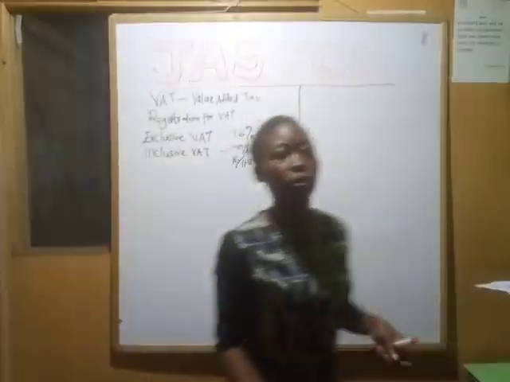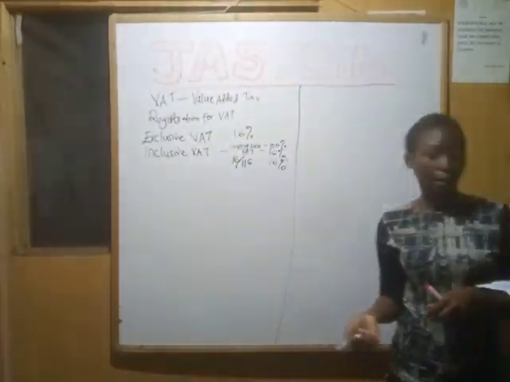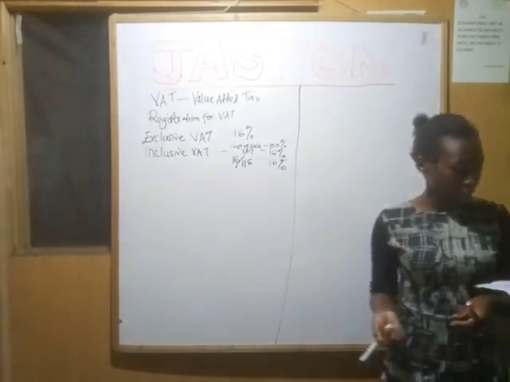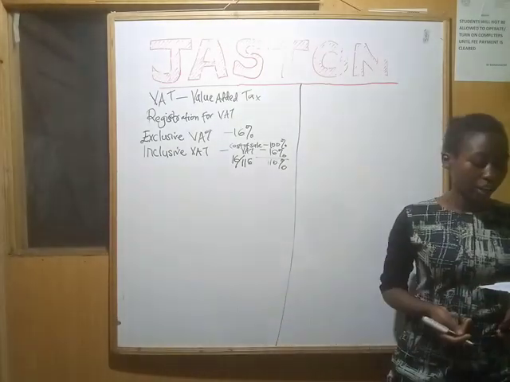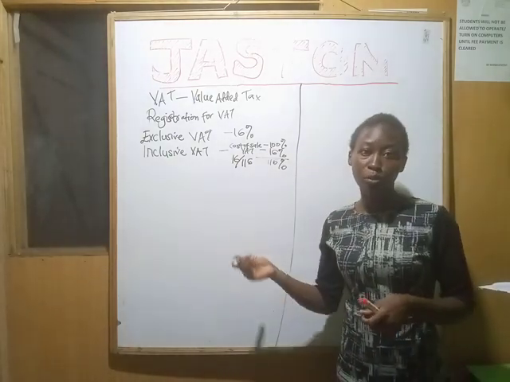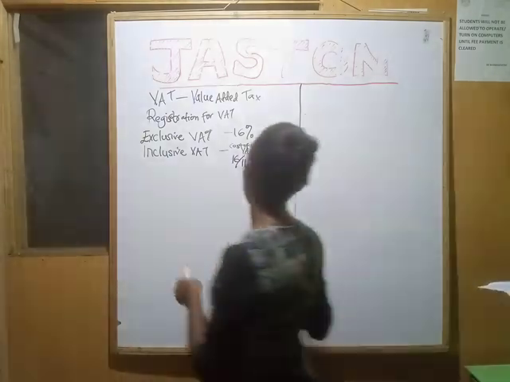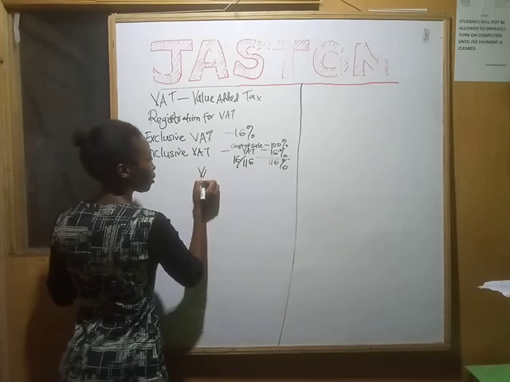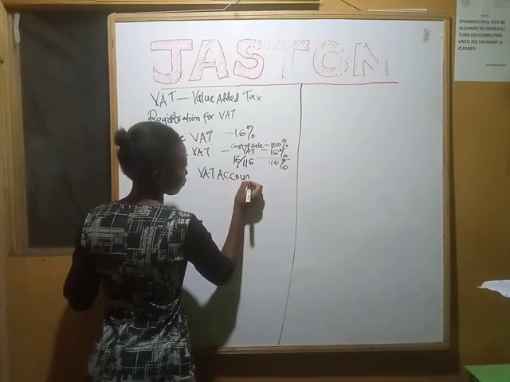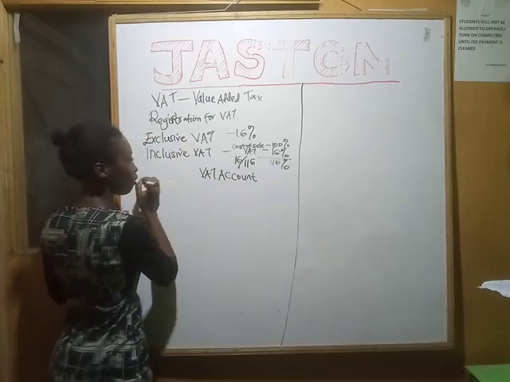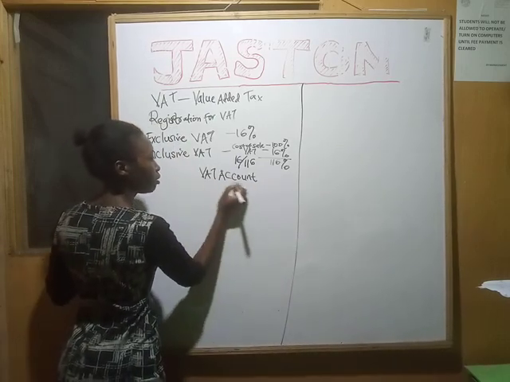Now we want to know about the VAT account. The VAT account has two parts: the input tax and the output tax. Let's write the formula.